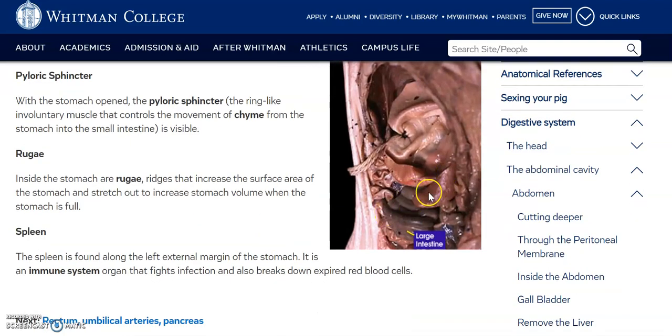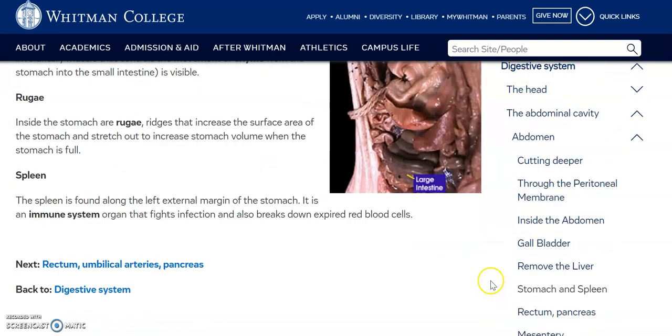This is part of your spleen right here. The spleen breaks down expired red blood cells, so red blood cells that are dying, and is part of your immune system. So when we go over that body system, we'll talk about it then. But it technically is found underneath your stomach and in your abdominal cavity.